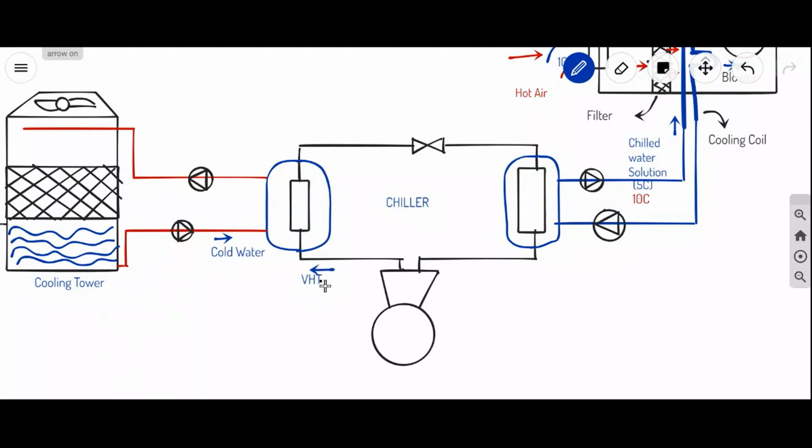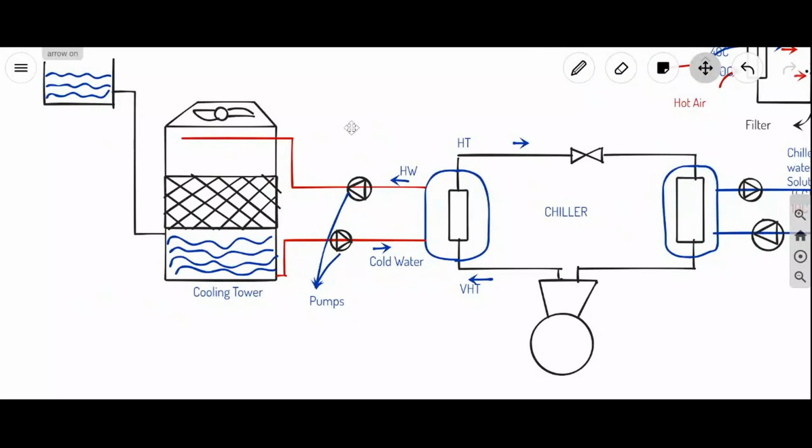Now this very high temperature refrigerant will become high temperature refrigerant, and this water will become hot water. This hot water will be pumped back again to the cooling tower. These are pumps.